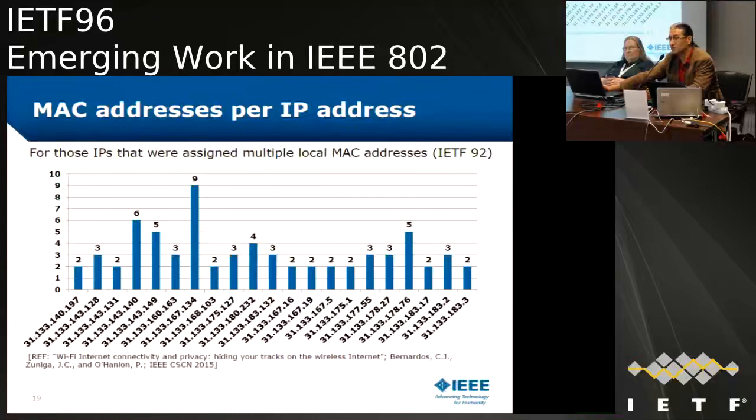We are trying to get rid of all these long-lived identifiers in our protocols, because they can still be used to bind information to the user and track the user, despite the fact that we are randomizing MAC addresses or IP addresses. So lesson learned, we cannot work in isolation. We have to make sure that privacy is fixed in all the different protocols and all the different parts of the stack.